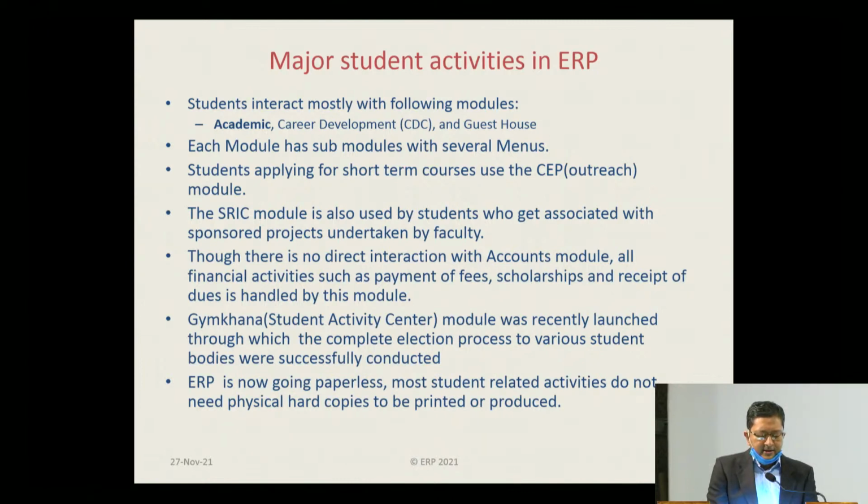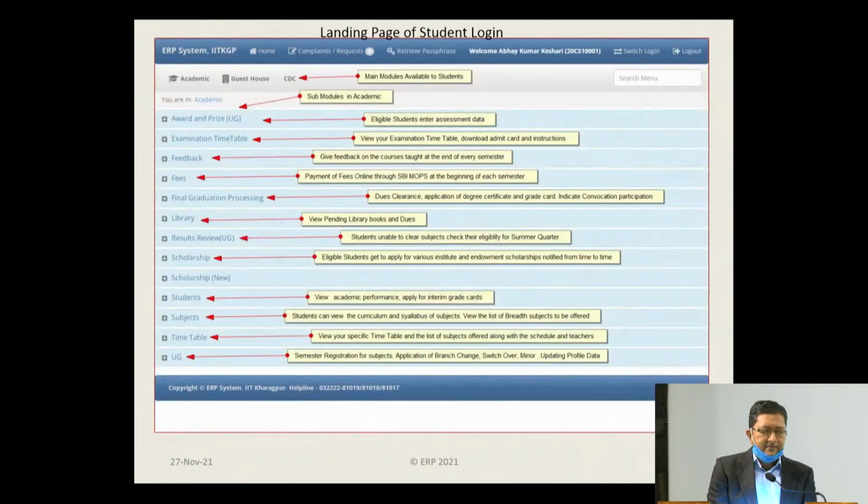Another important aspect is that we are making efforts to go paperless, and the existing processes in ERP are being revised, so that the activities can be carried out in a paperless manner.